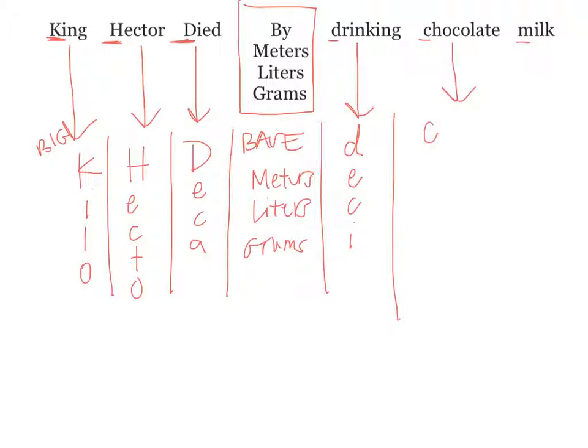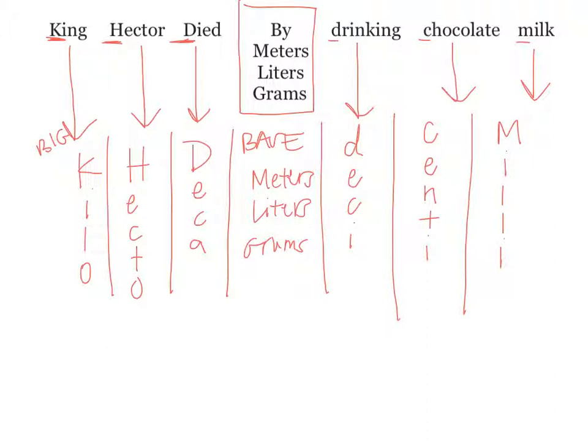Little c is something you've probably heard a lot. It refers to centi. So centimeter, centiliter, or centigram. And also another common one you've probably heard is milli. So millimeters, milliliters, or milligrams.